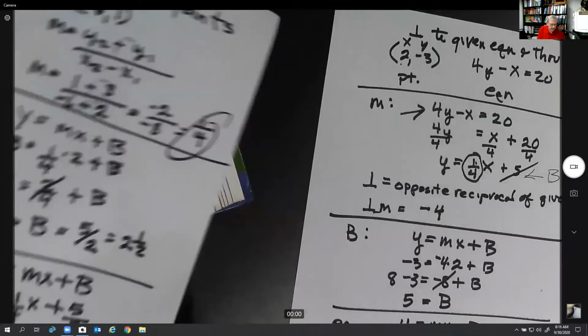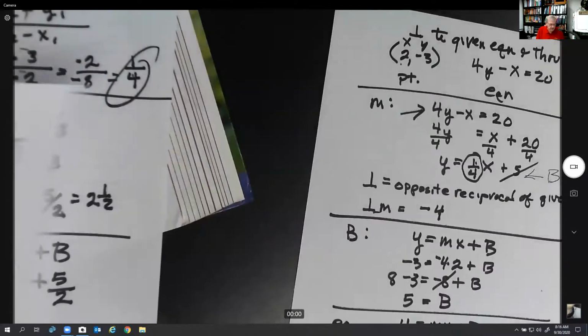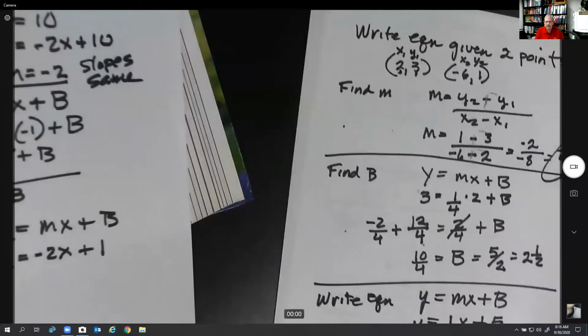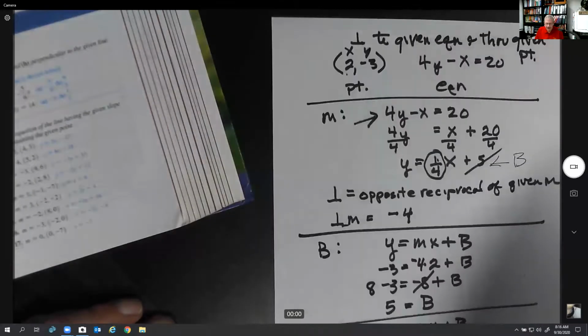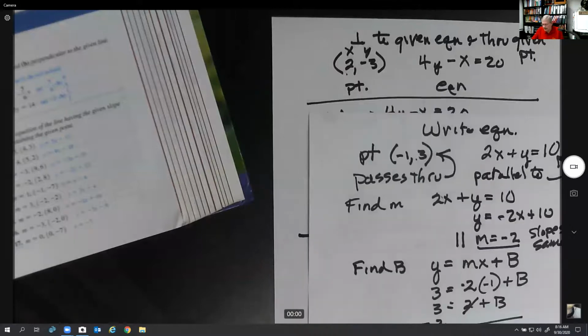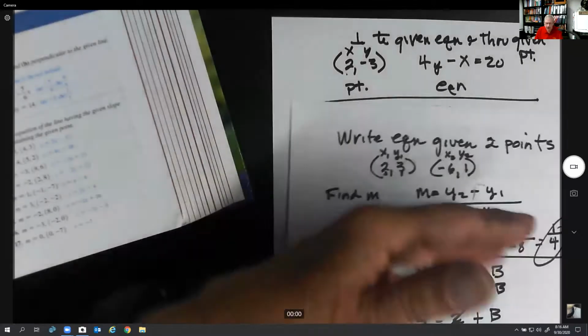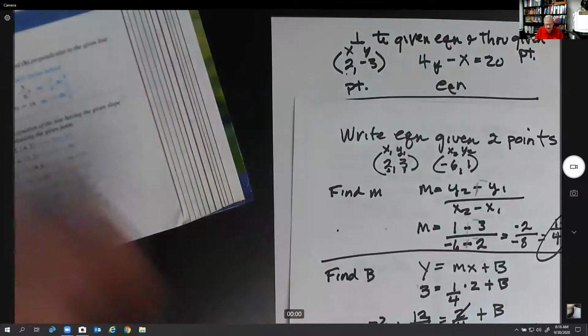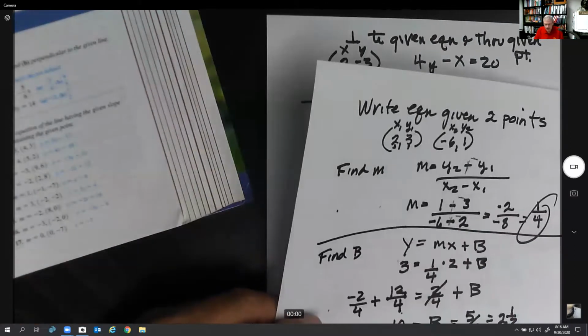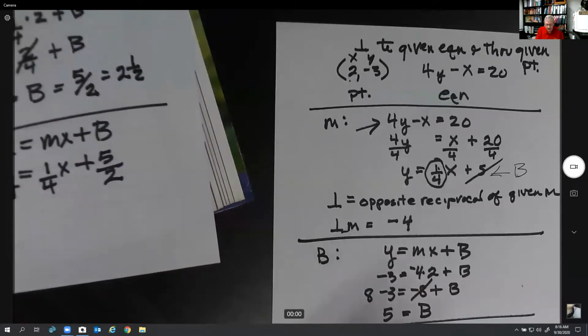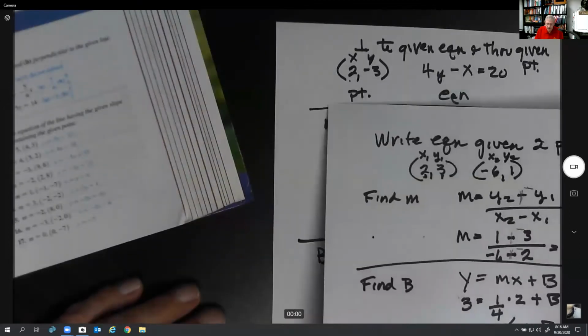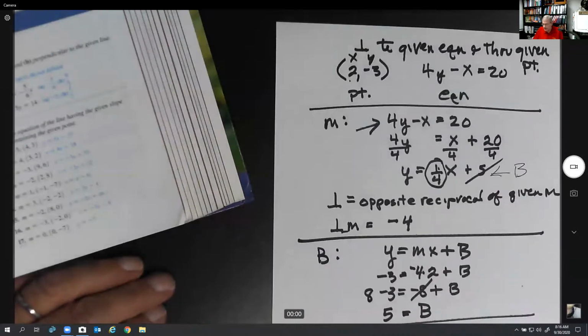We learned how to write an equation that passes through 2 points. We wrote an equation that was parallel, but I did it a little differently from the book because I just think, why learn a different method for each one? Then it just confuses you. If you do them all the same way, you won't have any trouble. Find m, find b, write an equation.